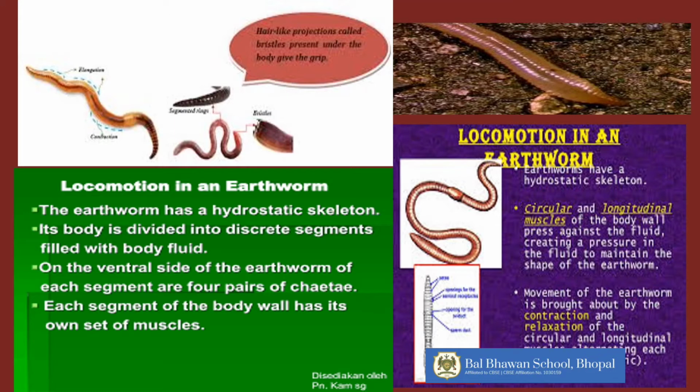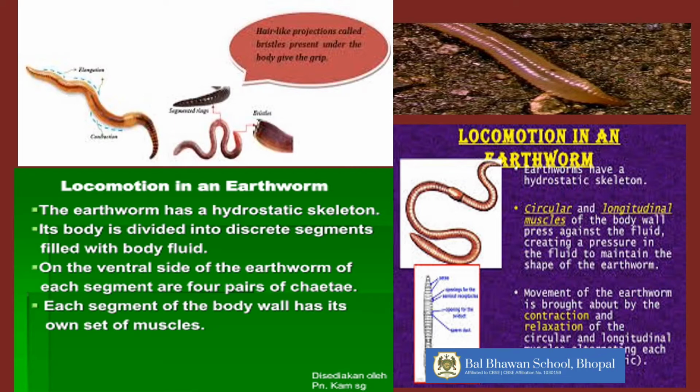And in case of earthworm, the movement is brought about when there occur the contraction and relaxation of the circular and longitudinal muscles. Children, you already know when we talk about contraction, we mean that the muscle becomes short and thick.